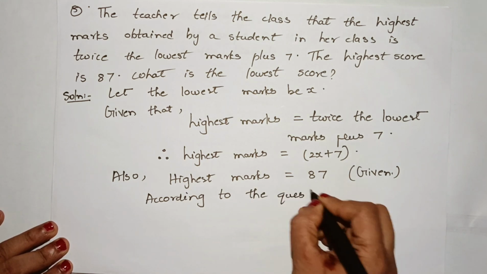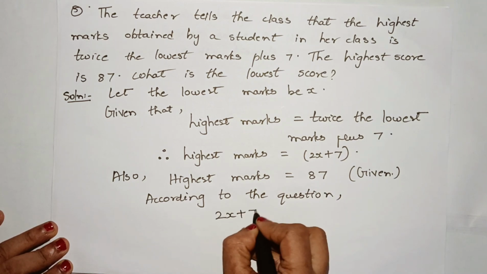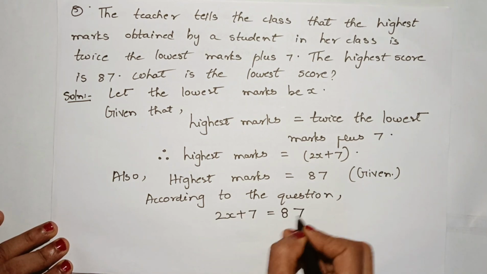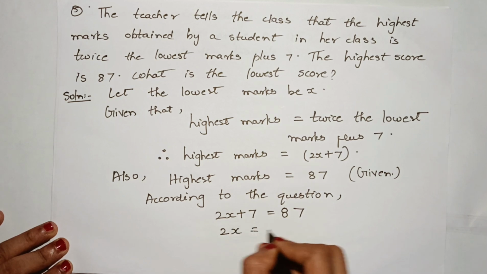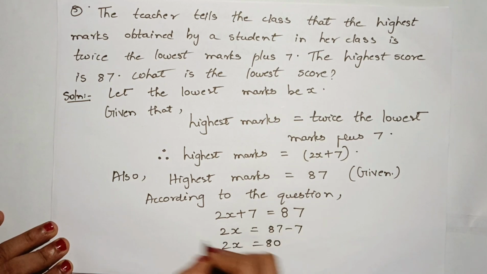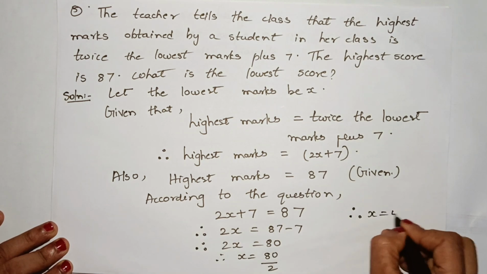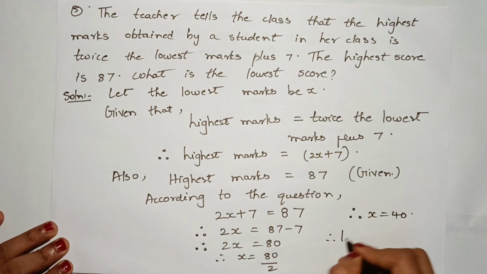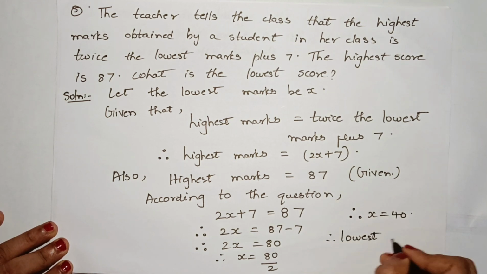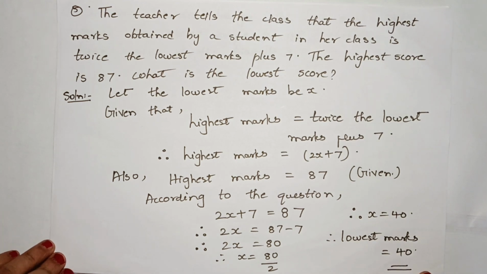According to the question, now you are going to frame an equation. 2x plus 7 equals 87. 2x equals 87 minus 7, transposing method, equals 80. Therefore, again transposing, you got x is 40. It means what is your final answer? Lowest marks equals 40.